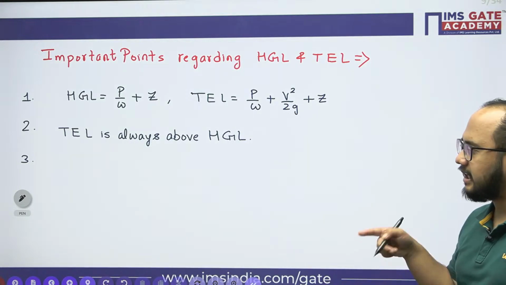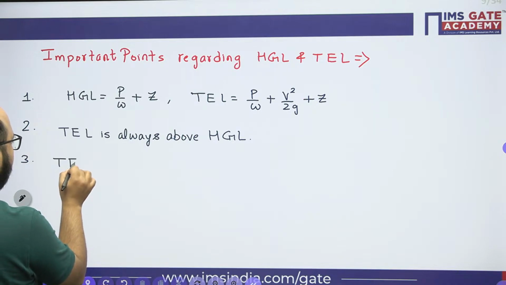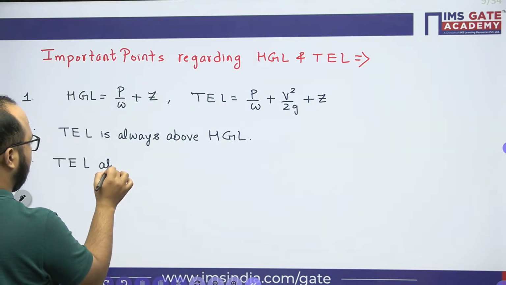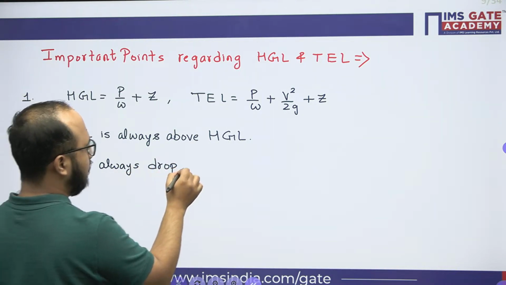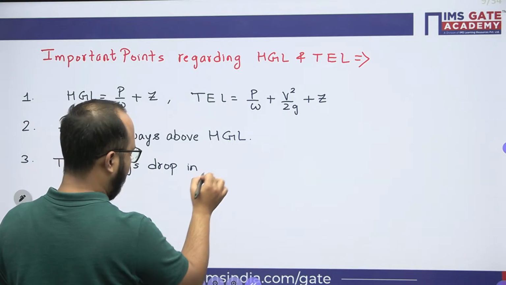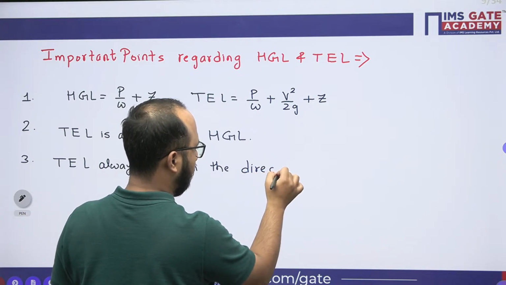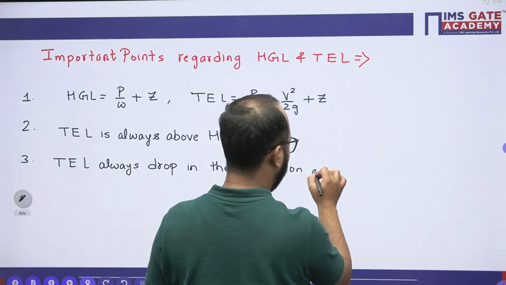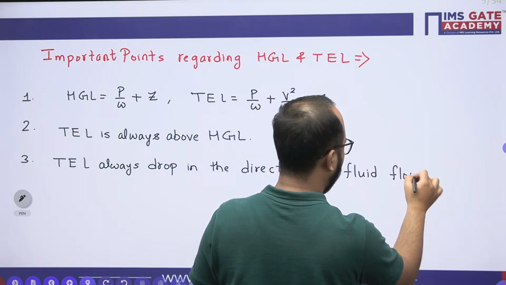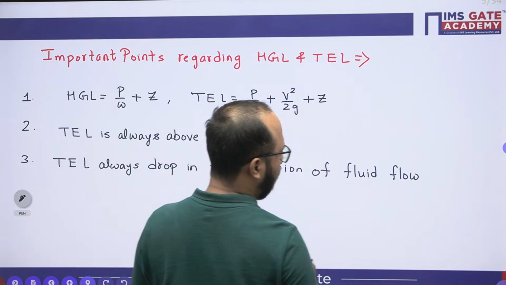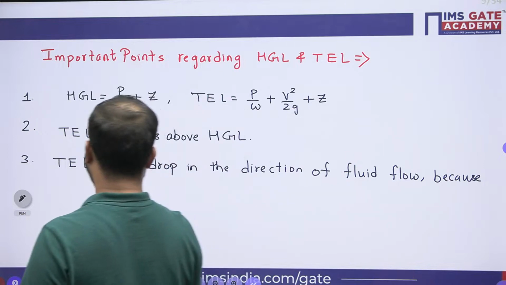Now, TEL always drops in the direction of fluid flow because of losses.